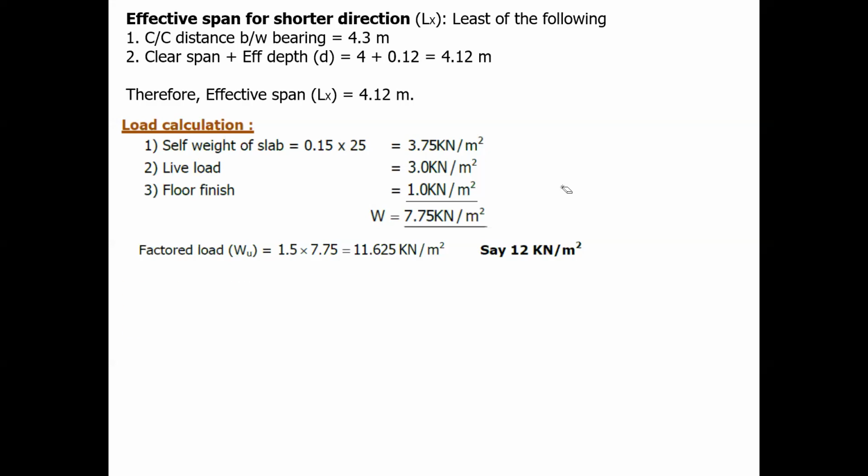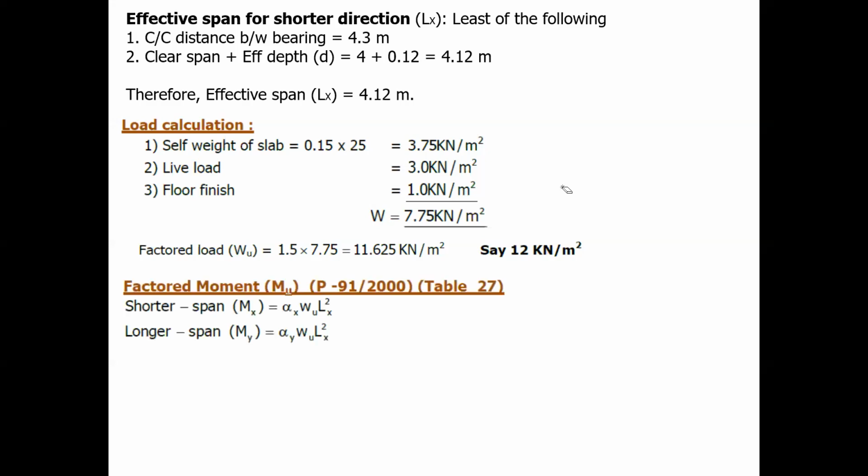Factored moment, Mu, as per IS 456-2000, page number 91. For longer span and shorter span, it will be different, right? Because the span is not the same on both sides.